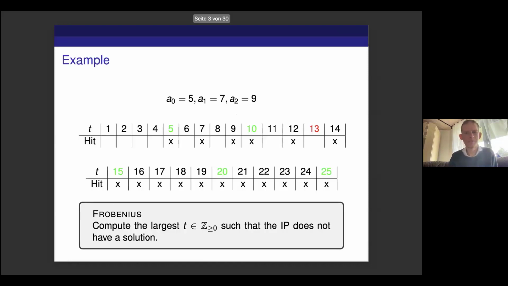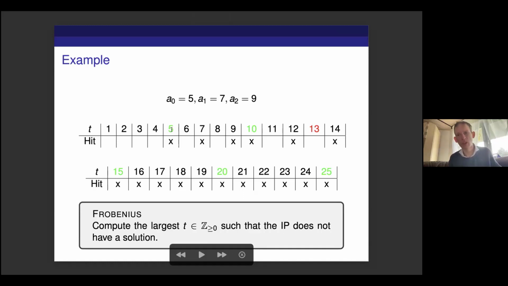The way I think about the problem is the following. You think of a line of numbers, 1, 2, 3, 4, and so on. By the way, can you see my mouse pointer? Yes. And we make a cross each time the IP is feasible for the target value.